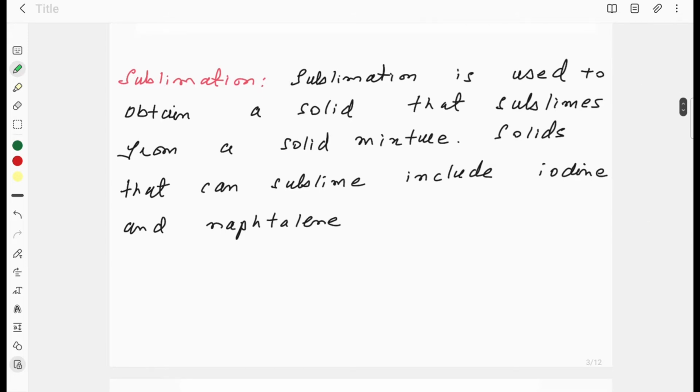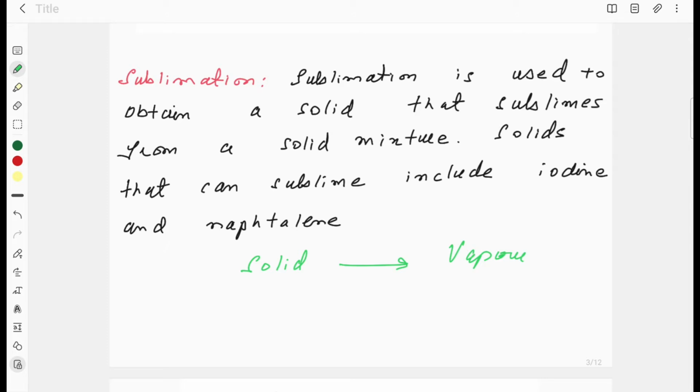Then comes sublimation. Some solids sublimate. They go directly from solid to gaseous or vapor state without passing through the liquid state. Examples of such solids include iodine, naphthalene, and there are other examples.